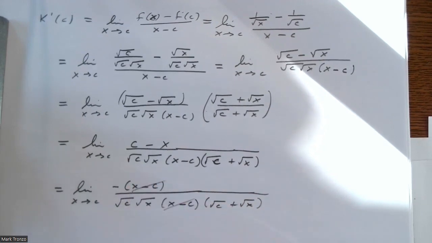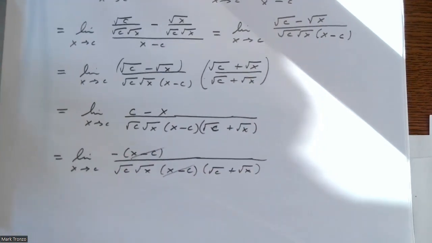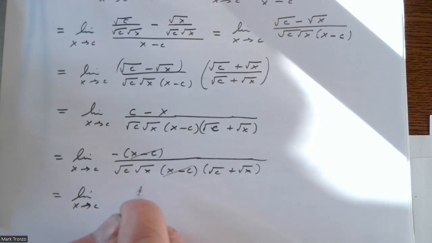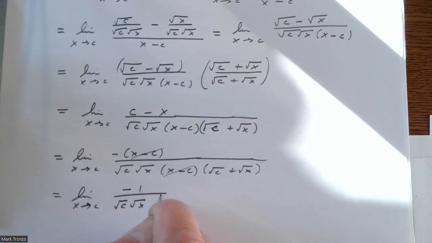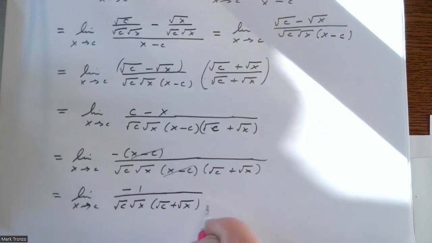Cancel these out, and that's going to give us a -1 over square root of c, square root of x, square root of c, square root of x.